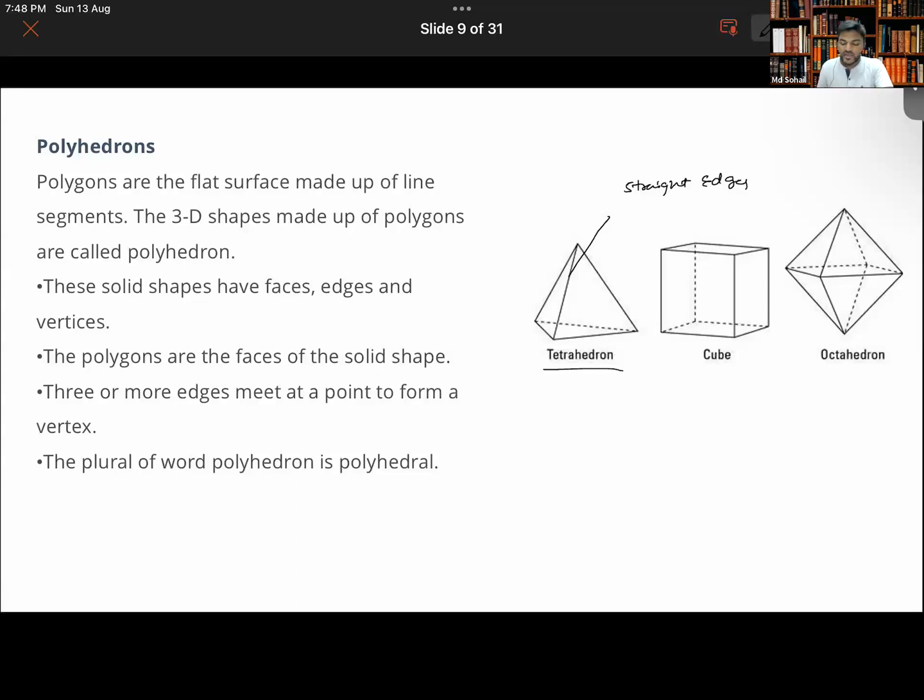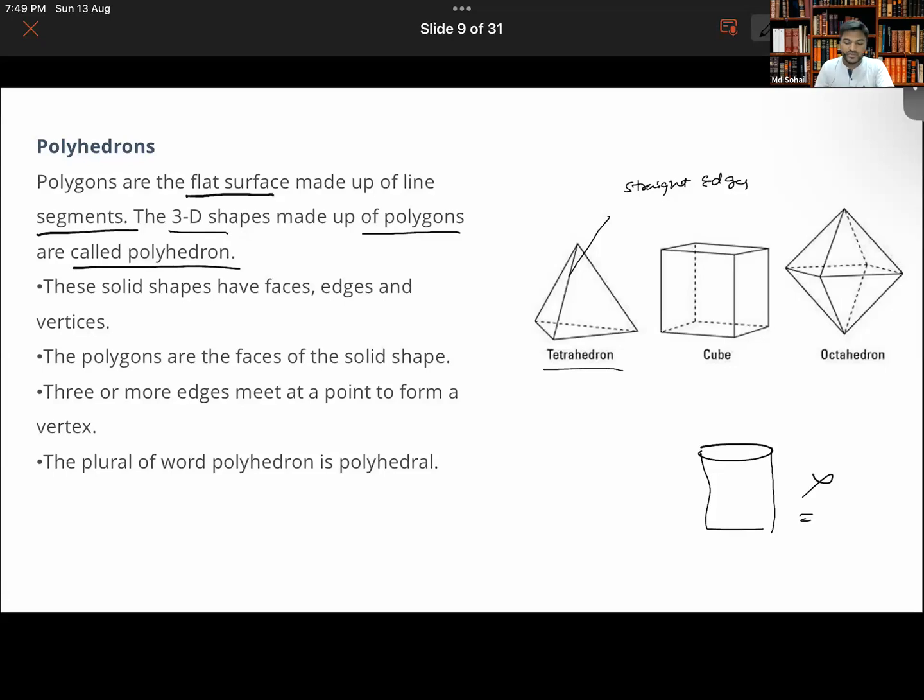While, contrary to these examples, if you were to have a cylinder, do you see the edges are sharp here, or the vertices are sharp here? No. So these are the polyhedrons. They have flat surfaces. They are made up of line segments. The 3D shapes made up of polygons are called polyhedrons.